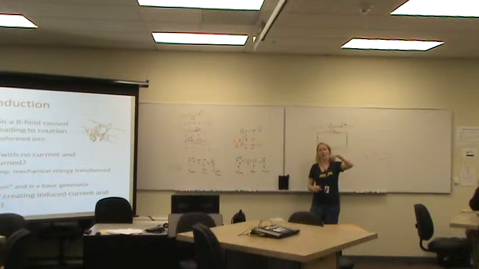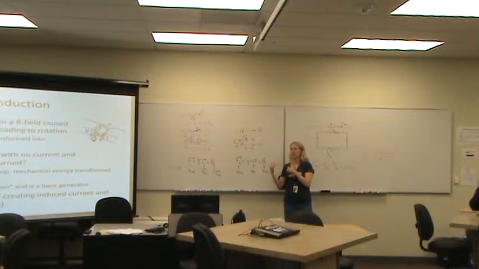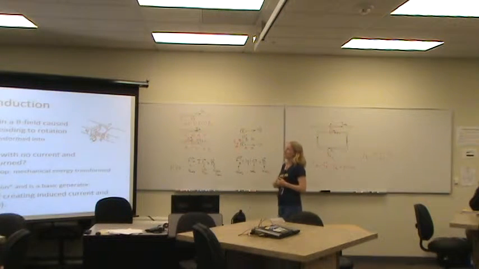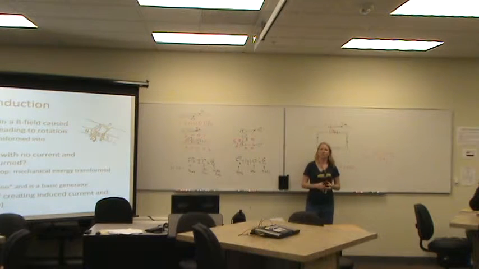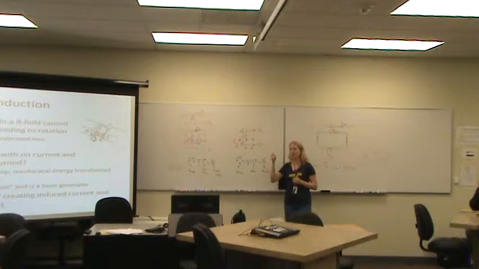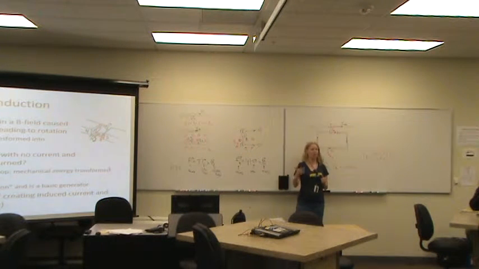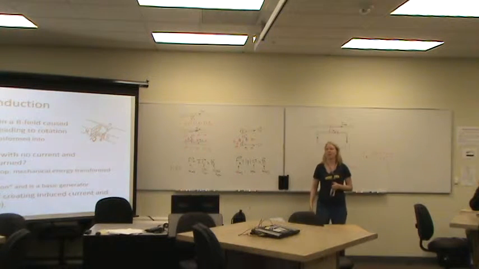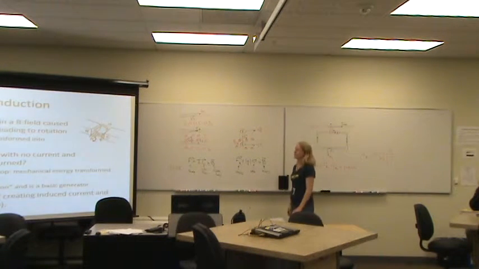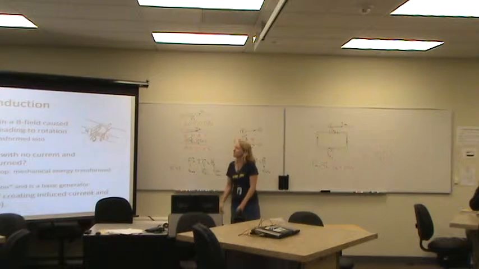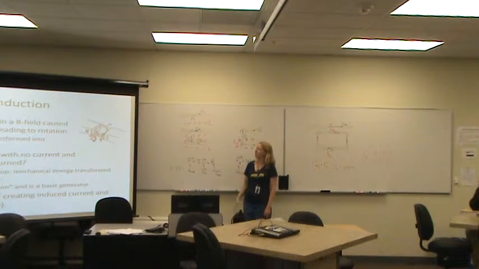So the mechanical energy transforms into electrical energy. It's the reverse. The same mechanism works for the dam at Bonneville. They open up the dam, water flows through these water turbines, and as those spin, that creates electrical energy and hence power. So that's induction for you, and it's the basis of a generator.